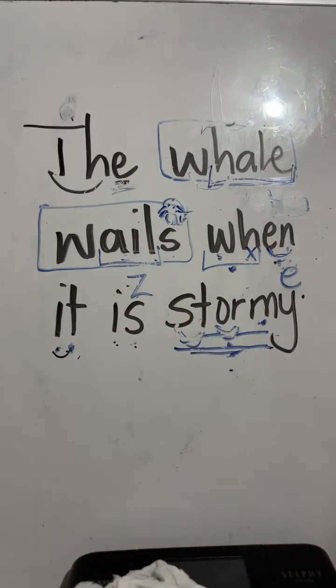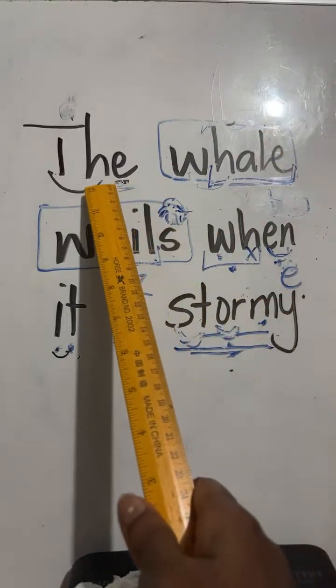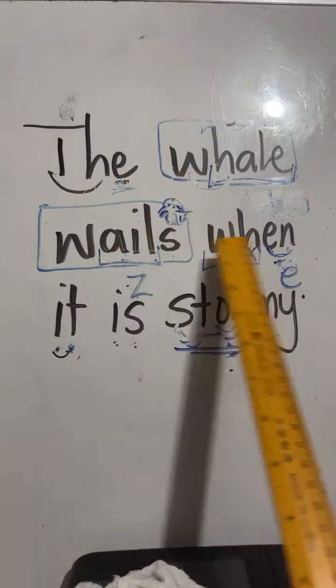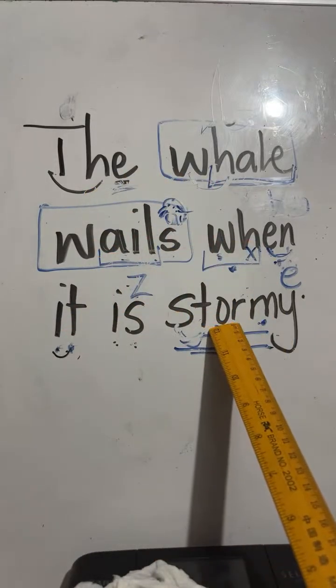Now let's add some more expression. Because of the word wails, we want to put more stress on that word. We want to emphasize it to know that that is a loud cry or a strong cry. The whale wails when it is stormy.